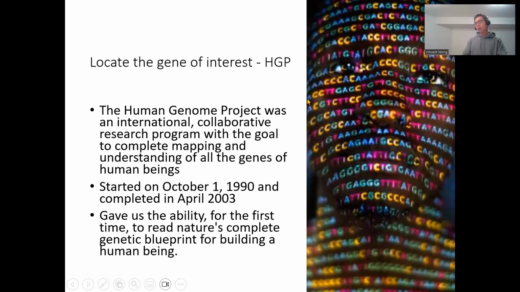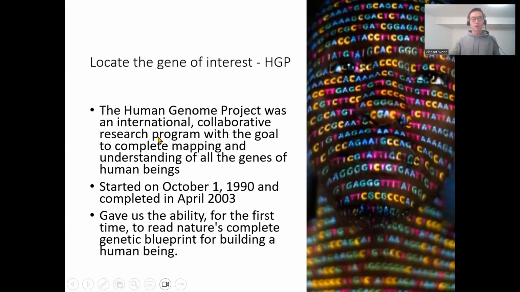So let's start with the first step, locating the genes. That was a very difficult thing to do in the past, because how do you even start looking? However, after the Human Genome Project was initiated and completed, it is much easier. You can just go online and look for it.